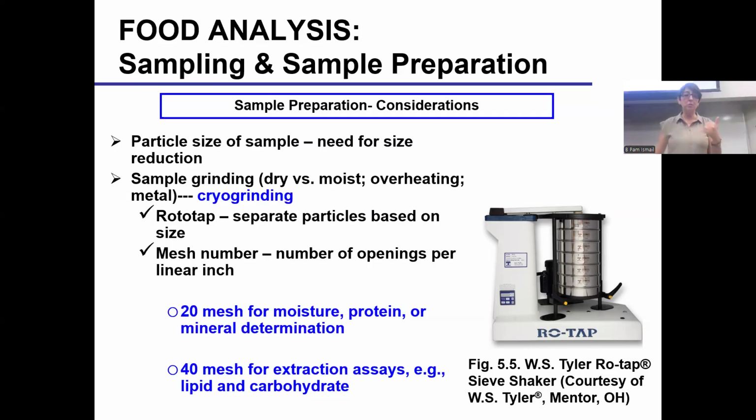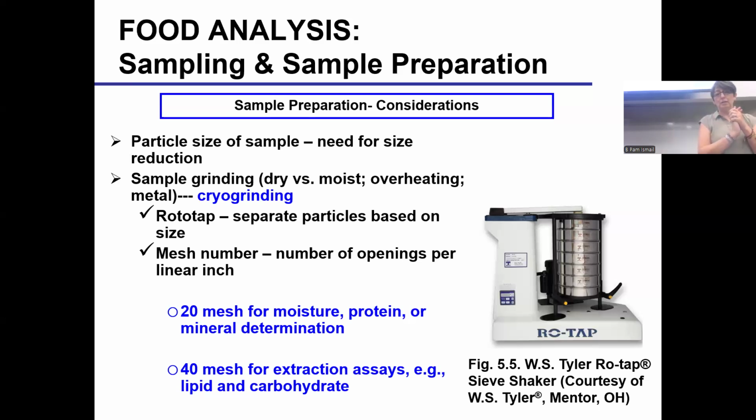And that's for common moisture, protein, mineral determination. But sometimes you need smaller particles, like if you're extracting fat, for example, you really need a larger mesh number, meaning smaller pore sizes, smaller particles. So 40 openings per 1 linear inch. So we grind and we sift to determine the size of your particles.